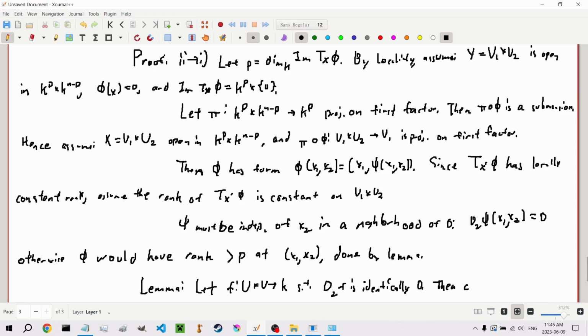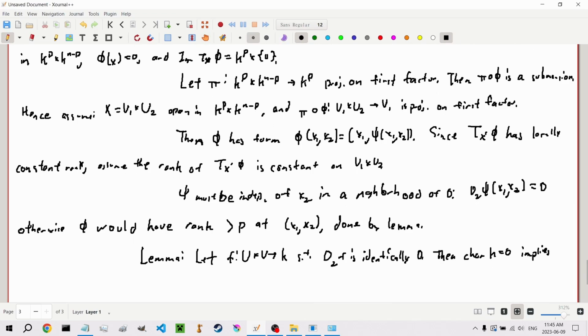Then the character of k being 0 implies f is locally independent of the v coordinate.